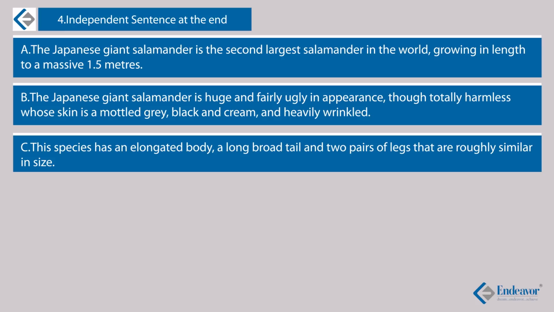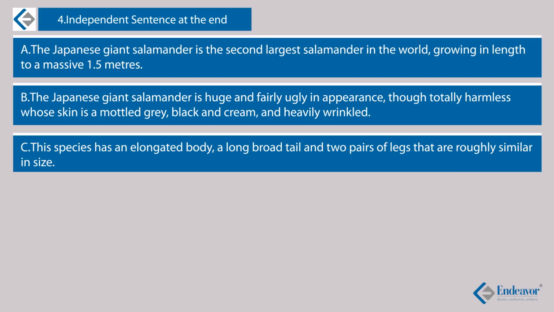If you carefully observe the sentences, there are two sentences out of the three that talk about the physical features or the external appearance of the Japanese salamander, that is sentence B as well as sentence C. If you understand the meaning of sentence A, it gives us the length and the importance of the position of this giant salamander.